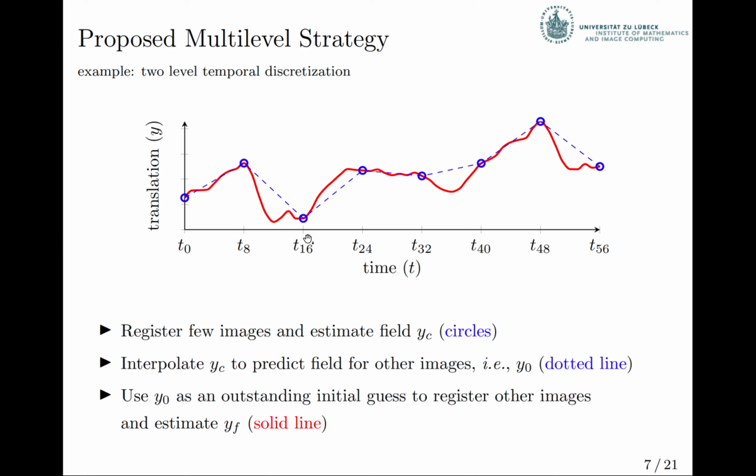The next step is to interpolate these deformation fields and guess the deformation field for all the other images in the given set, and we use that as an initial guess for registration where we take all the images in this example. Here I'm explaining only the 2-level temporal discretization, but it can be extended to more than 2 levels.